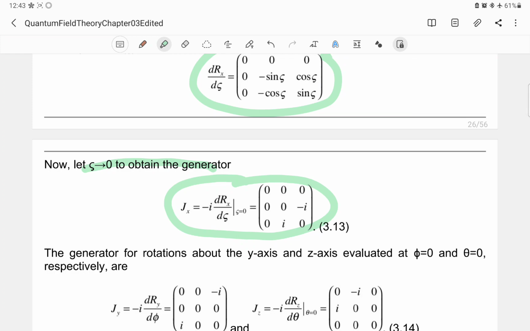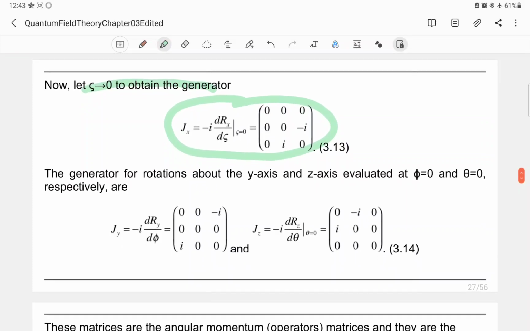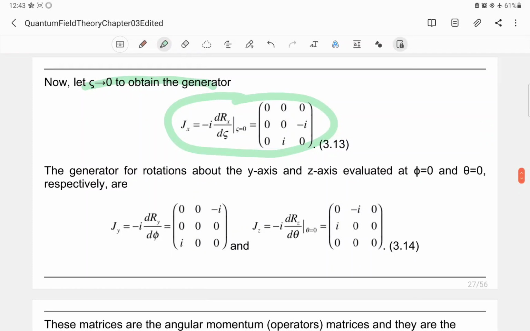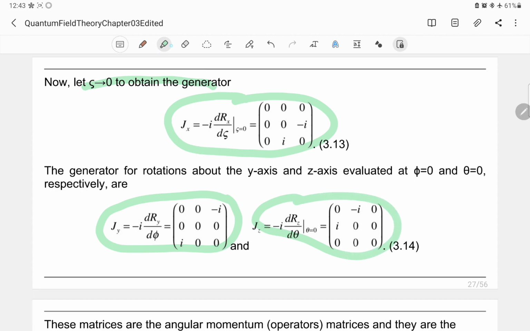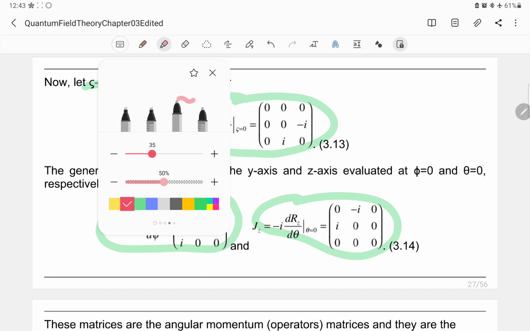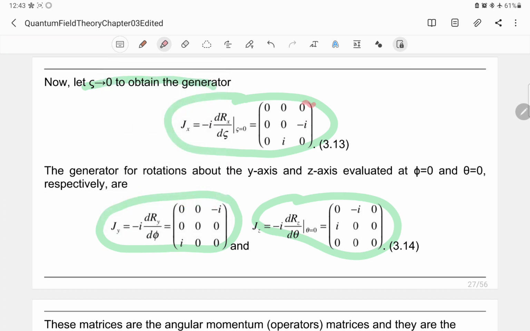And then if you do the same for the y and z axis, evaluating phi equal to 0 and theta equal to 0, we get the other 2 respective generators of the group SO(3). So these are the important matrices that generate SO(3).